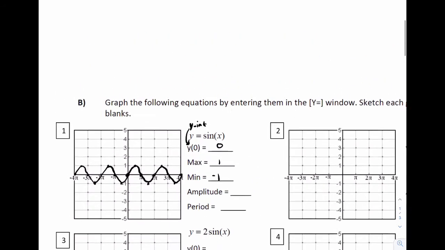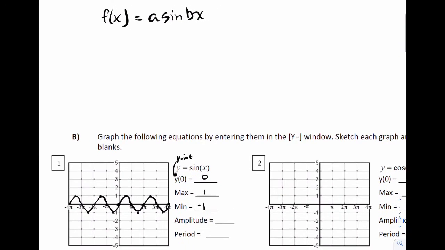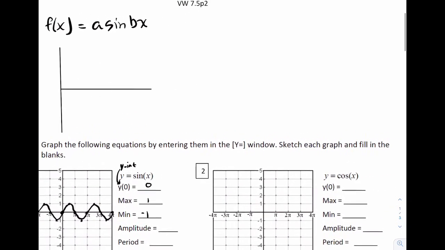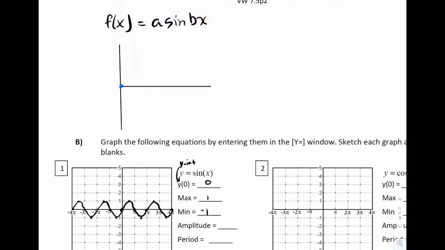To do that, we're going to go back up to our notes. To sketch these graphs, I want to use a sideways T like this. A typical sine wave looks something like this. It starts at the origin, goes up, hits the middle, and comes back. It has a nice wave like this.